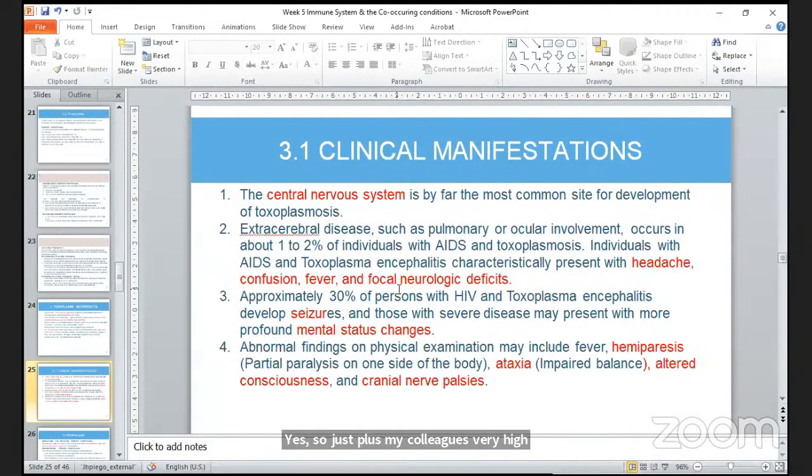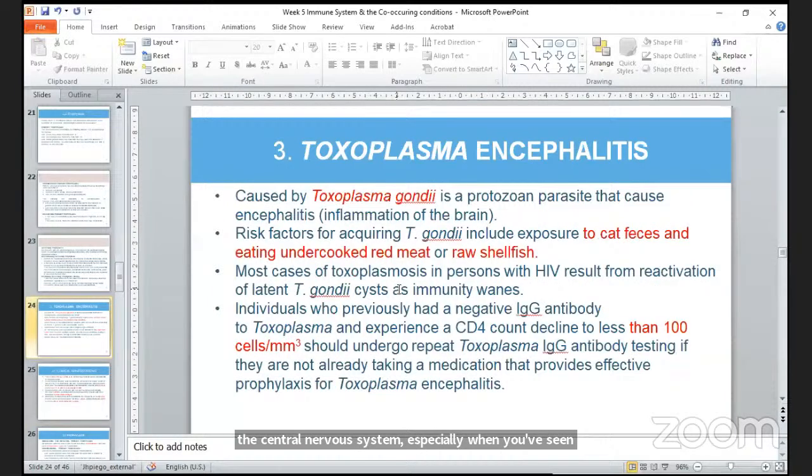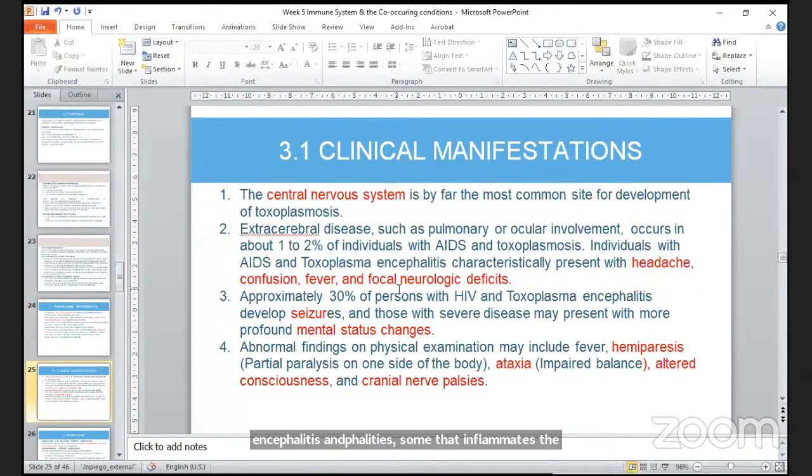Now to clinical symptoms. This disease affects the central nervous system, especially since it is encephalitis, something that inflames or swells the brain. The brain is part and parcel of the central nervous system, so the central nervous system will not be spared.